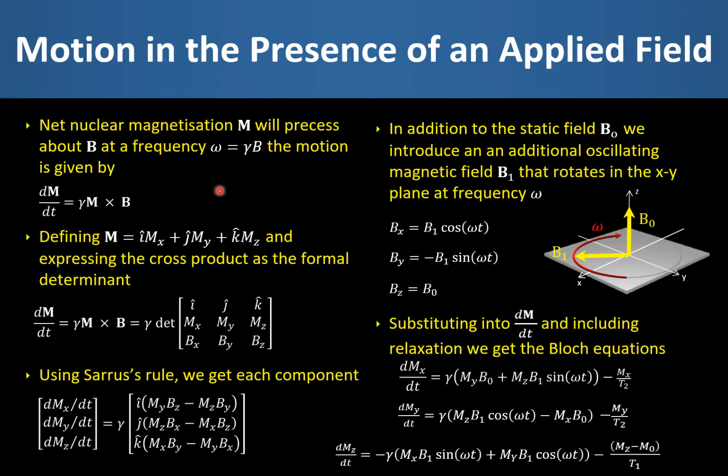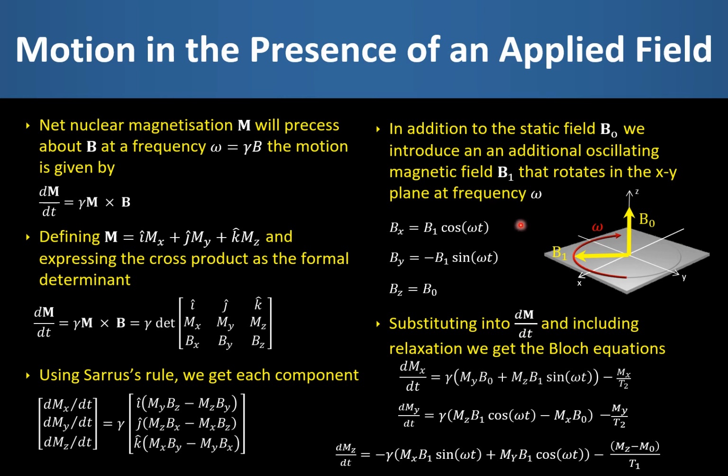If we temporarily ignore relaxation, the left-hand side of the slide demonstrates the Bloch equation for free precession about the static magnetic field along Z. By defining M as a three-dimensional vector and expressing the cross product as the formal determinant, and then using Sarrus's rule, we can express the three components of magnetization.